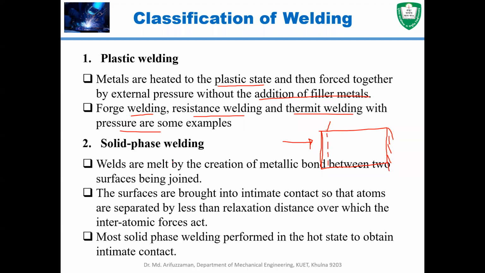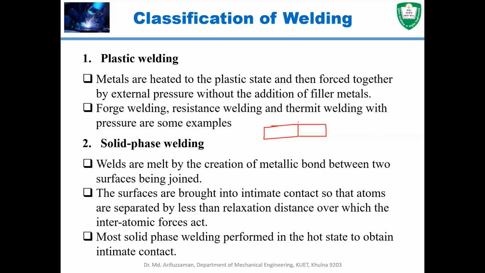Just take it to the plastic state and then apply certain pressure to obtain the welding. And the second one is solid phase welding. In solid phase welding, the aim is to impart a metallic bond between the surfaces to be joined. If you have two materials to be joined, you take them into very close contact, called intimate contact.